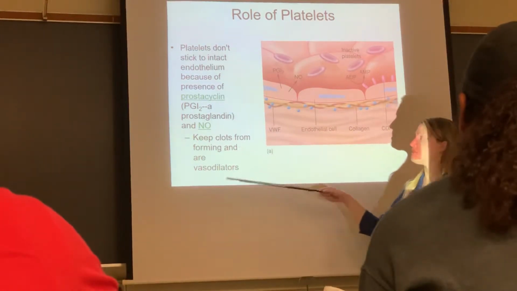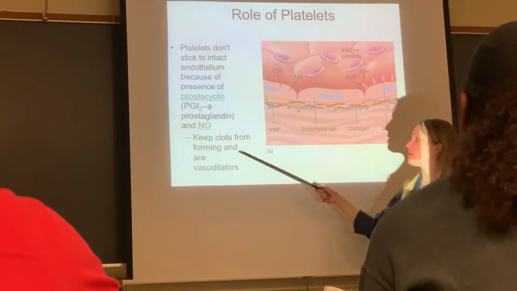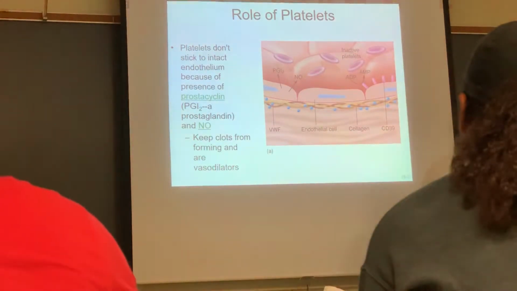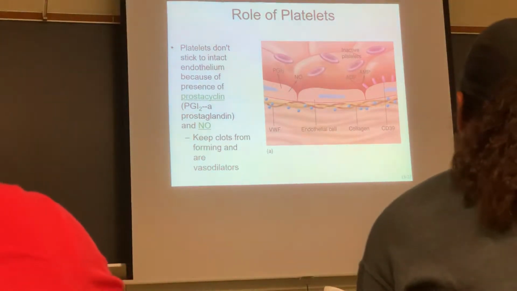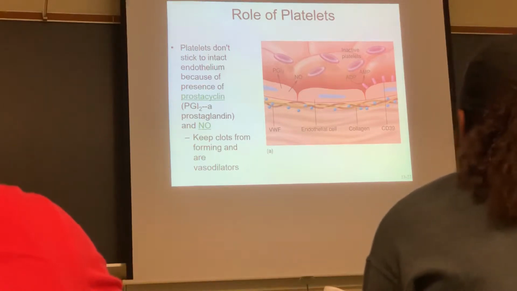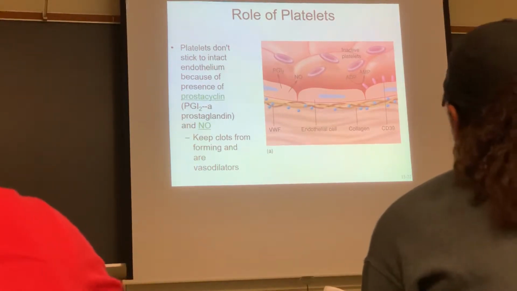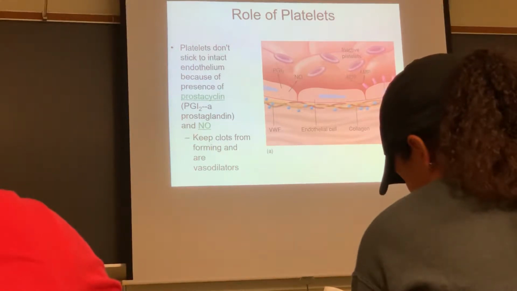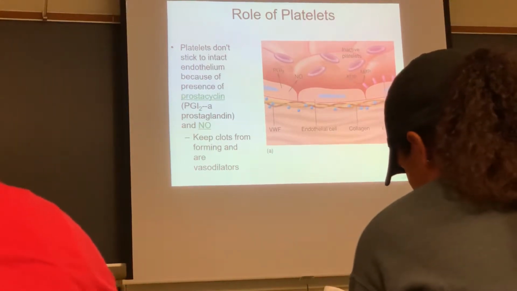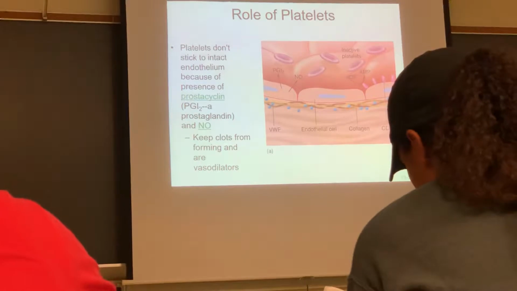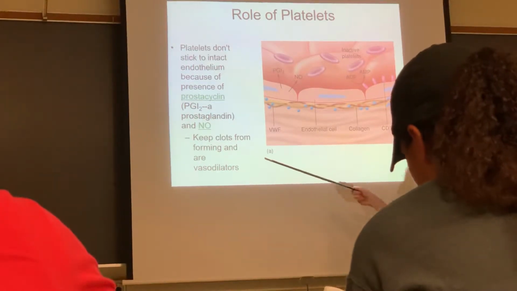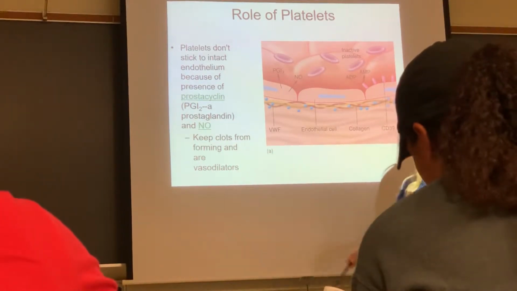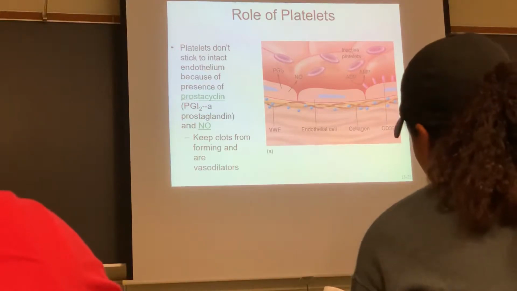Generally speaking, when the endothelial lining is not damaged, prostacyclin is produced and nitric oxide, which is a potent vasodilator. Nitric oxide is found actually in Viagra. Like I said, Viagra was first created as a blood pressure medicine to lower blood pressure, but then it was used for erectile dysfunction. Nitric oxide helps to dilate the blood vessels.